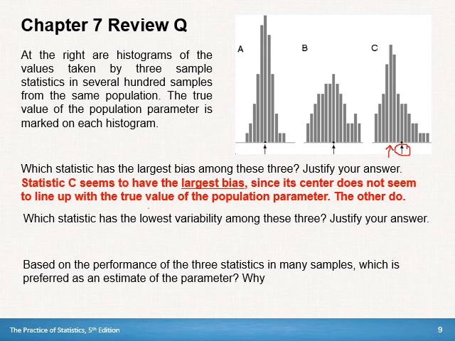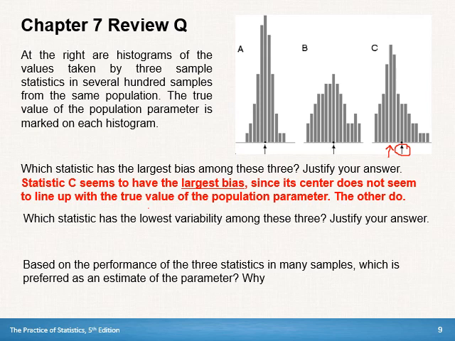The other ones all seem to be right about in the middle, both the parameter and the statistic. So the center of the sampling distribution is right at about where the parameter is. So those are much less biased. So this first one has much more bias. It is much further off.